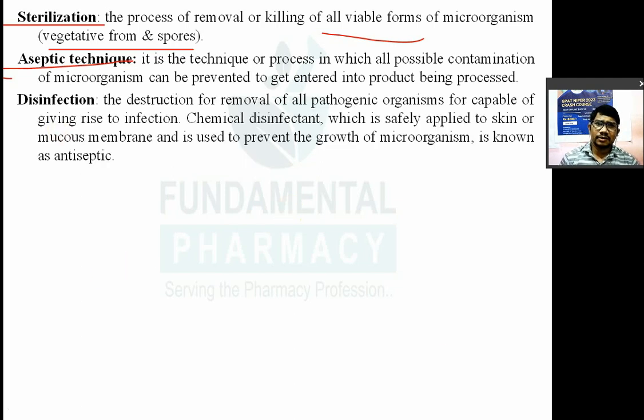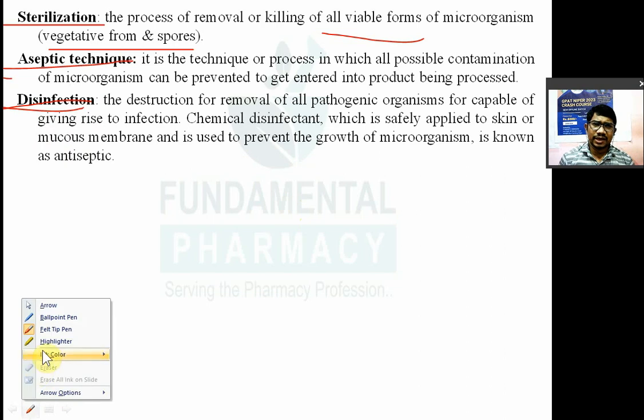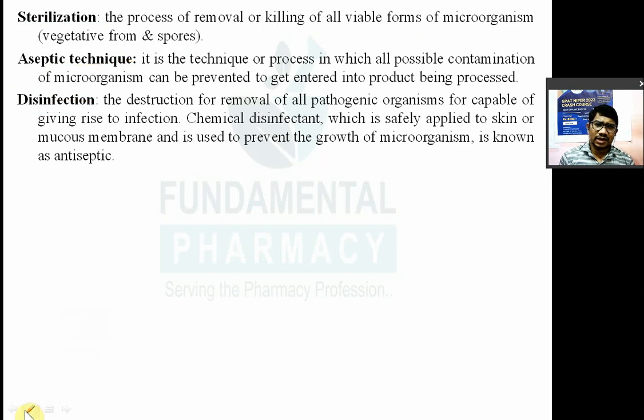Now, what do you mean by disinfectant? What do you mean by disinfection? As the name indicates, whatever microorganisms are there are being killed by using chemicals, known as a disinfectant. There is a difference between sterilization and disinfection.